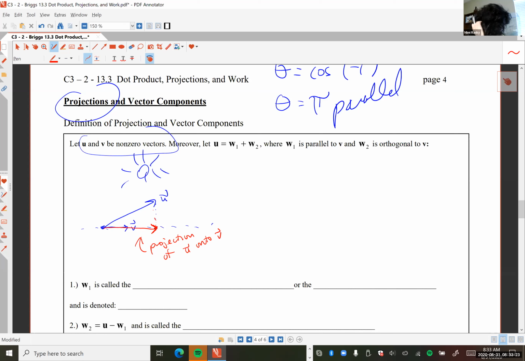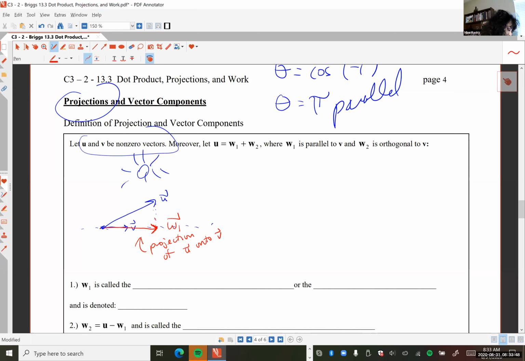I'm going to call that projected vector, just for now, W1, because I can. Now, oftentimes after you're asked to get a projected vector like W1, they'll say, get the vector component of U that's orthogonal to V. What the heck is that?